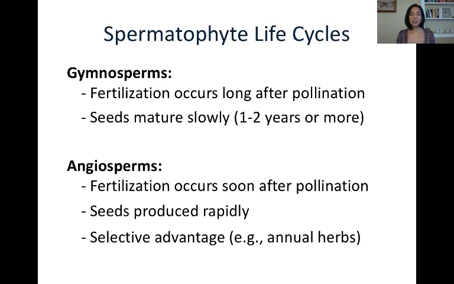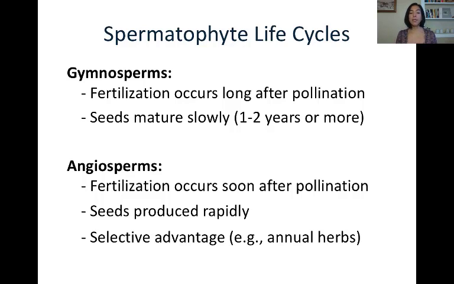In gymnosperms, this life cycle, at least this part that I explained, can take 1 year or 2 years. If you remember in the previous class, I said that some conifers can even take 4 years. And in angiosperms, we complete the cycles very fast.